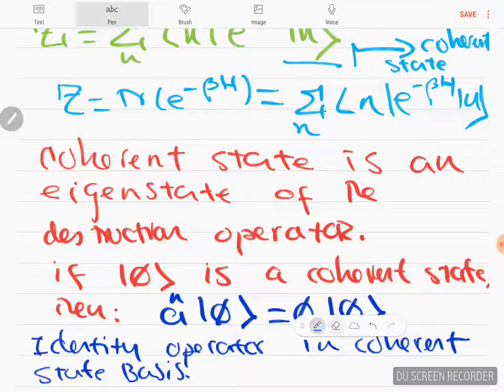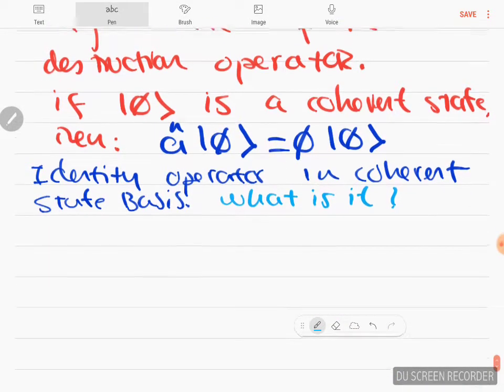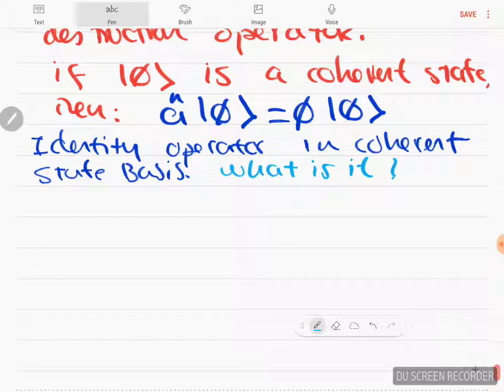So the big question is, what is it? And that's what concerns us in this video. We will not talk so much about calculating partition functions yet. We will just mention that for such a task it's important to have an identity resolution operator in coherent state basis, and that's what we're going to do now.